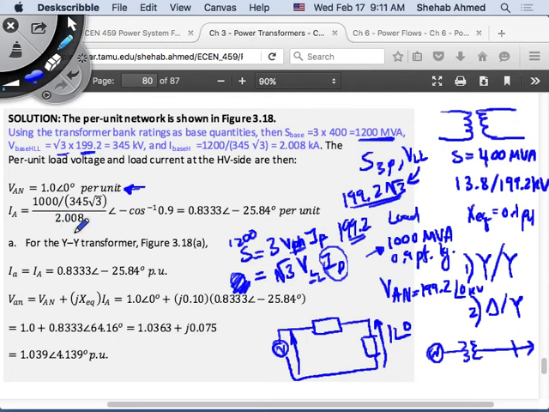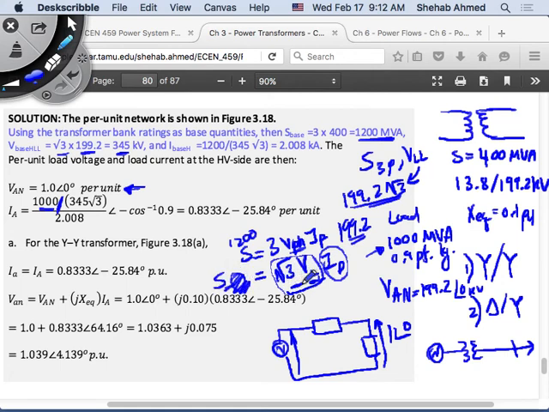So here they took S, which is the power of the load, and they want to calculate the current. So they divided S by 345 times square root of 3. So 345 is what? It is my line-to-line voltage base. They took the line-to-line voltage base, multiplied by square root of 3, and then they took S and divided.